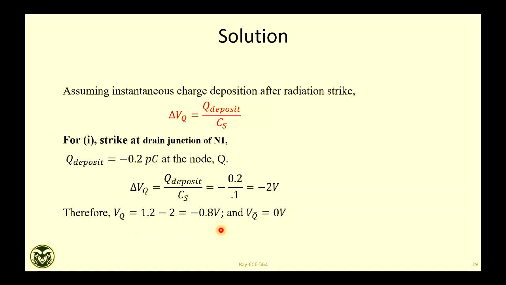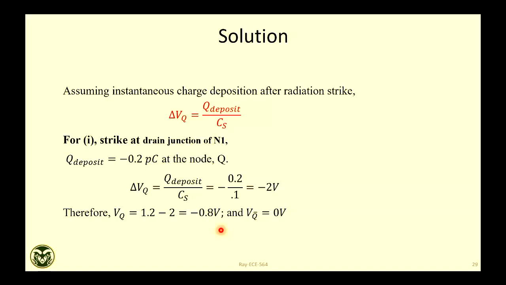Just after strike, what are the voltages at Q bar? Before strike, Q was 1.2. Q and Q bar are the two floating nodes in SRAM. Before strike, this was 1.2 volt, this was 0 volt.